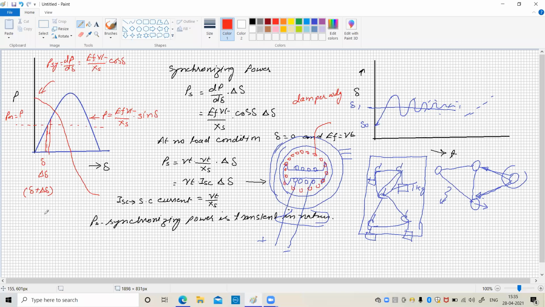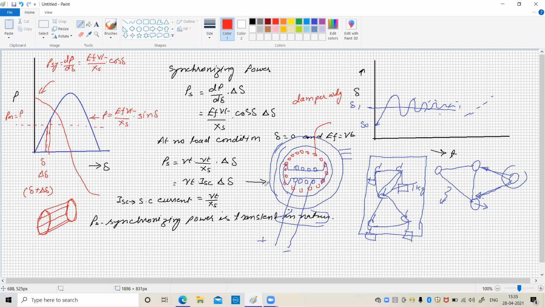There are a number of copper conductors. Say this is the cylindrical rotor, and a number of bars are connected over the periphery of the rotor. So it is like a cage, called a squirrel cage. This winding is short circuited with the help of end rings.